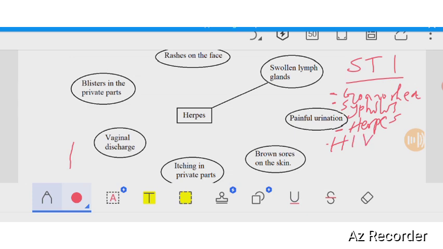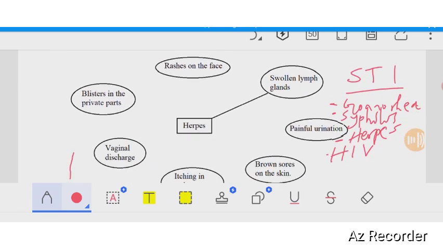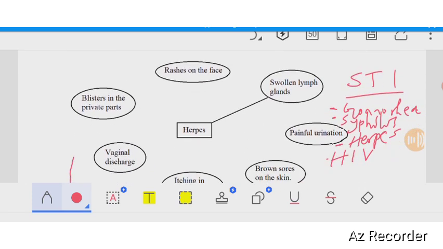These are STIs, or sexually transmitted infections, that we're supposed to learn in the junior school curriculum. They have their own unique signs and symptoms, and in another video I'll be talking about them. But today, specifically, we are on herpes.